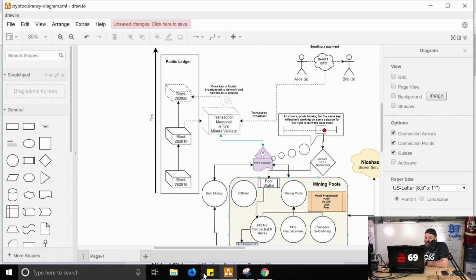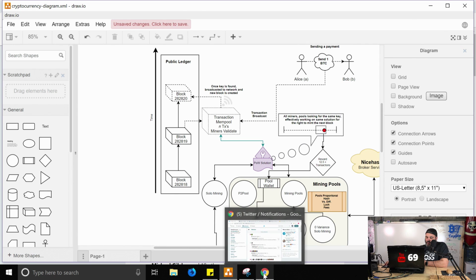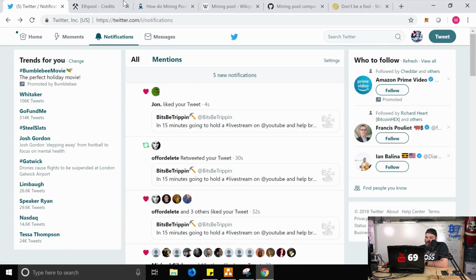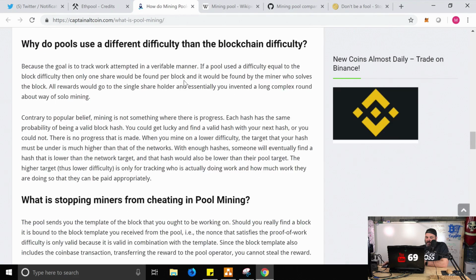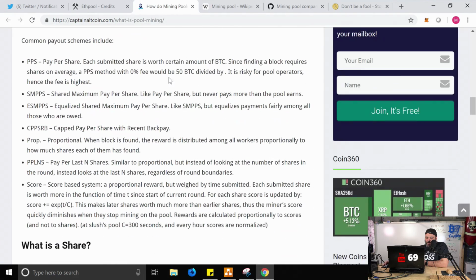But that's effectively it. If we did this 8 months ago, 10 months ago, there'd be a lot of other options, but a lot of these other solutions are not really used. PPS isn't really used; all of it's PPLNS, or it's a zero variance solo mine.